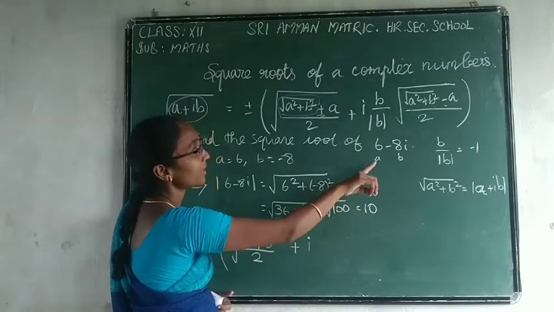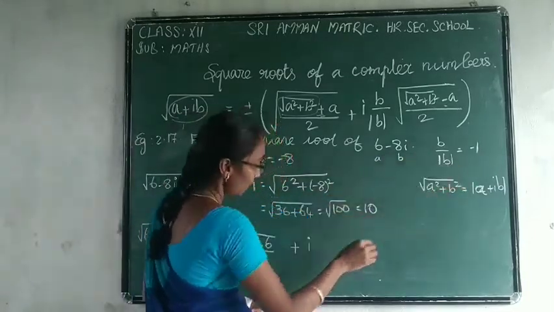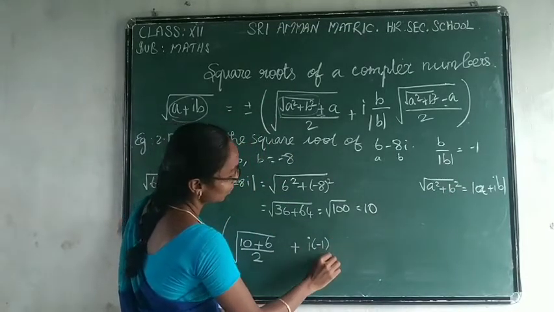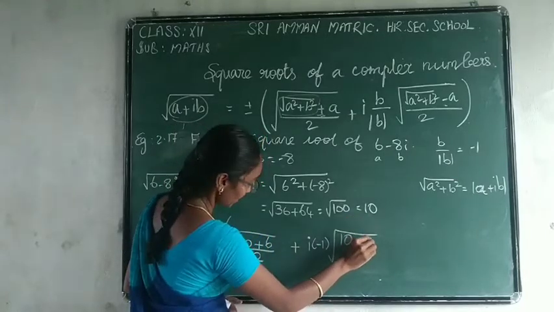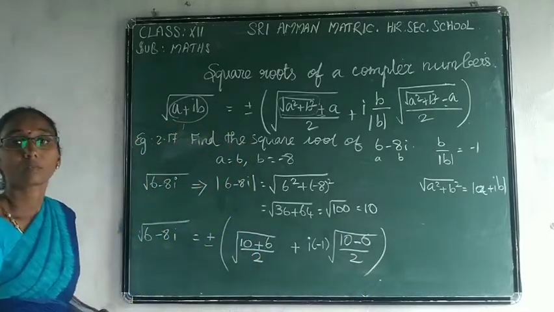Here b is negative, so b by mod b equals minus 1. So minus 1 into root of (root of a square plus b square minus a), which is 10 minus 6, divided by 2.